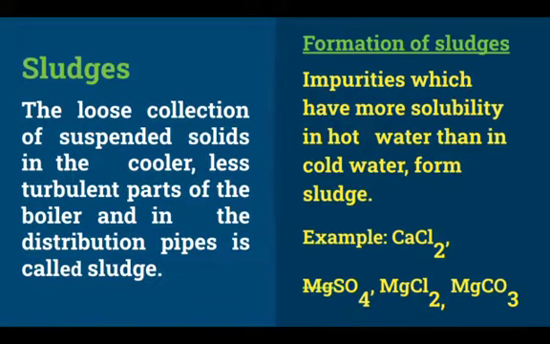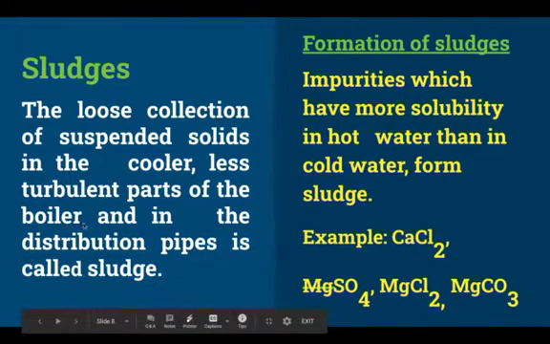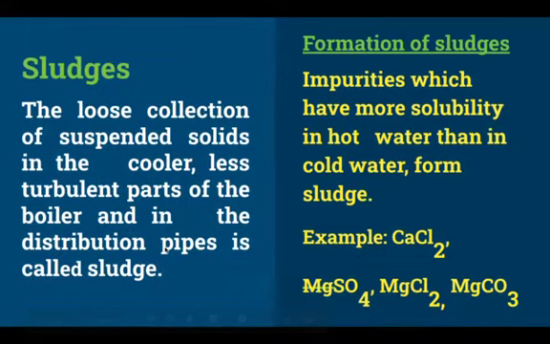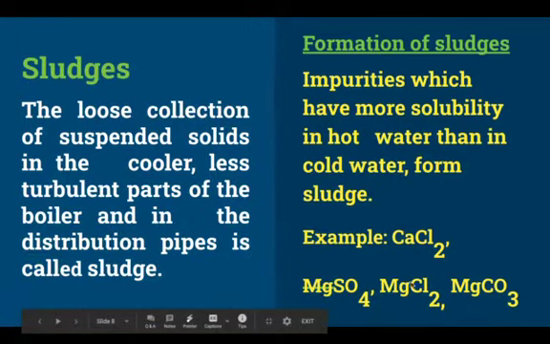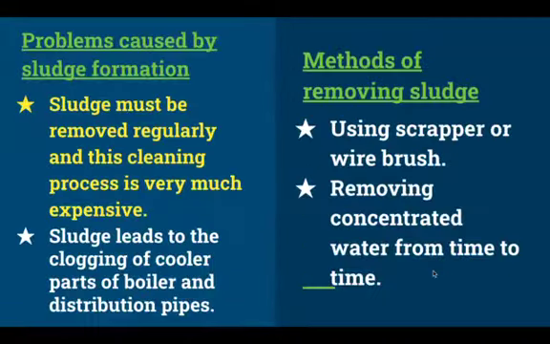What causes sludge formation is impurities which have more solubility in hot water than in cold water. They form sludge. Examples are calcium chloride, magnesium sulfate, magnesium chloride, and magnesium carbonate. So these salts are responsible for the formation of sludge in boilers.